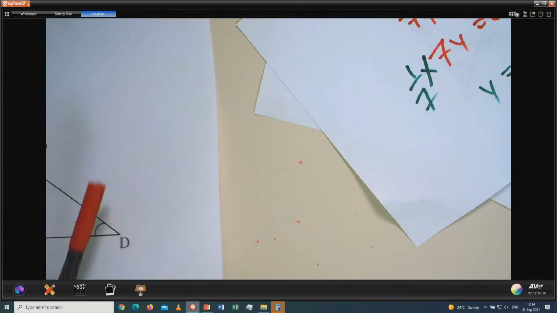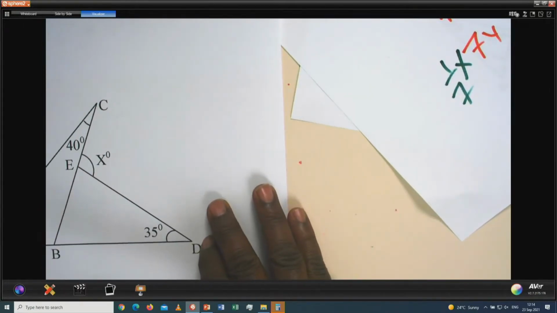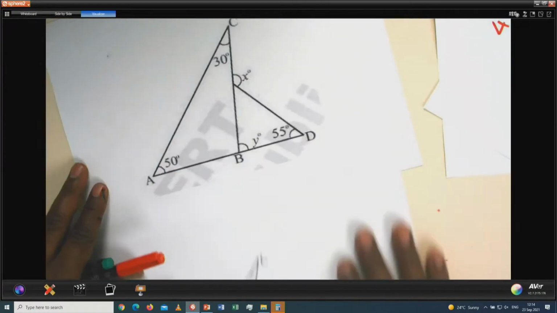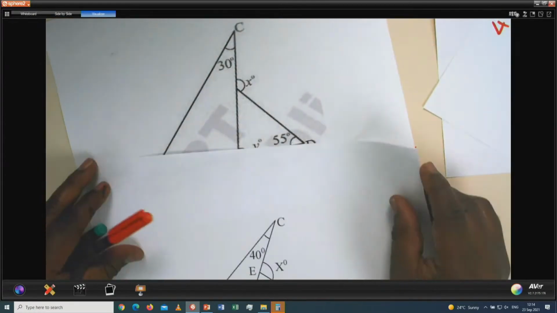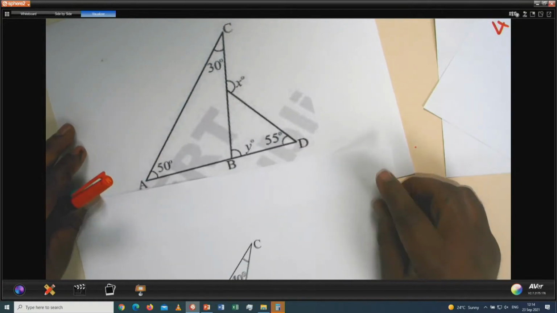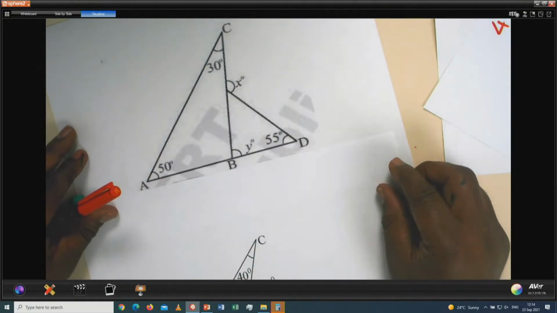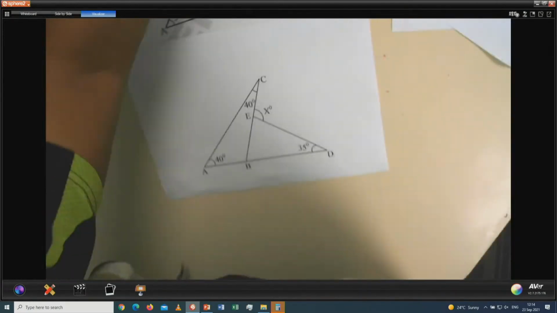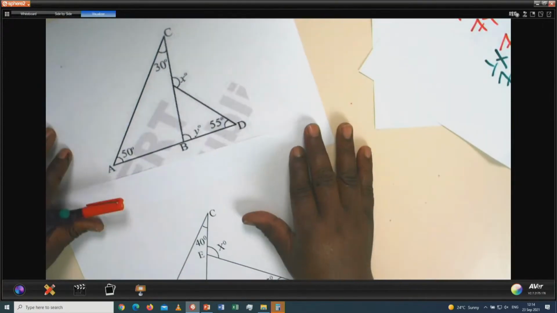Now I'll be leaving you with these 2 questions. Let's see whether I'll be able to fit all of them here. Then you'll be given an opportunity to work at these, same kind of questions.